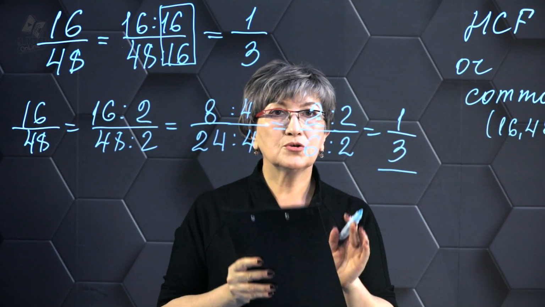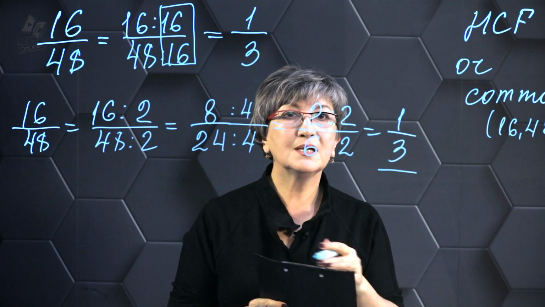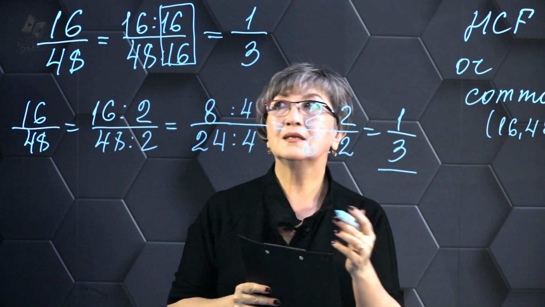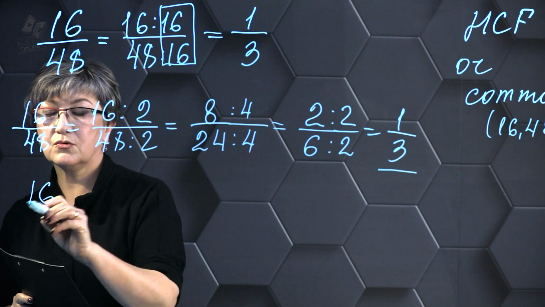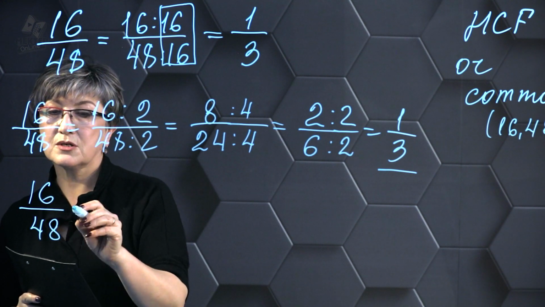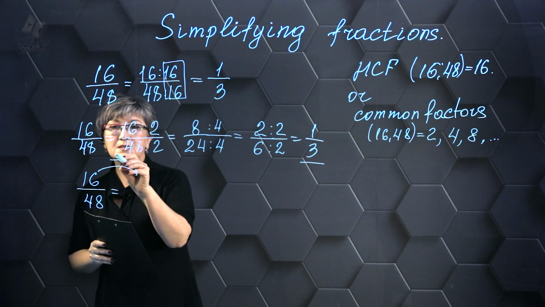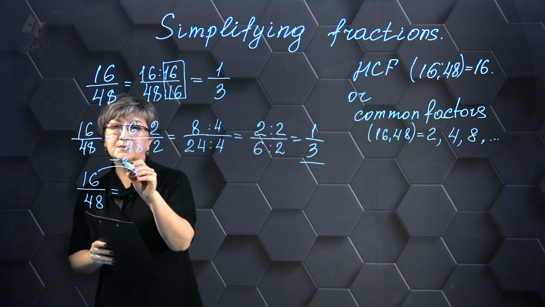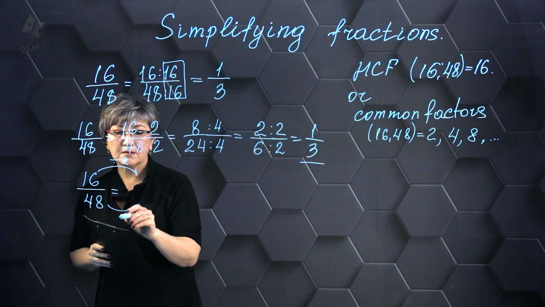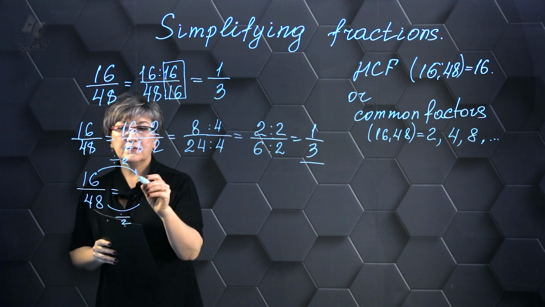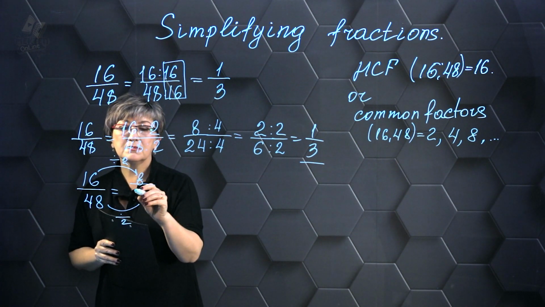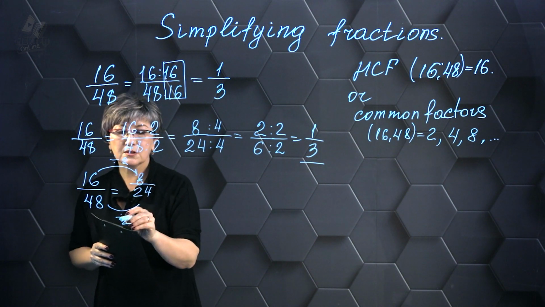The only thing, once again, I would like to draw your attention to the notation. Sometimes the following notation is used, 16/48, where they show the division. We divide by 2, and here is the outcome of the division. As a result, it turns out to be 8/24.